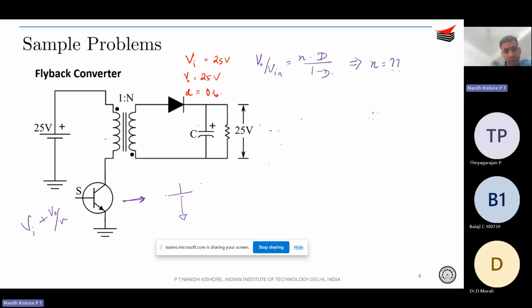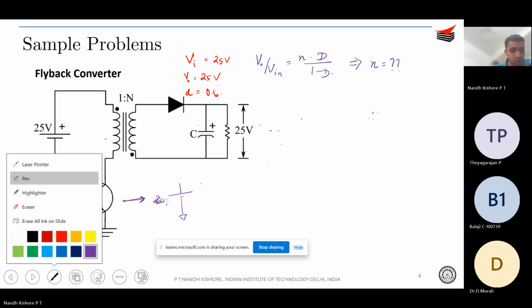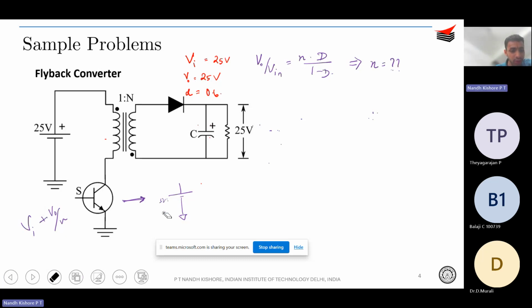So this is your 25 volts input, or let me call it VI for now. So this is 25 volts, and then you have your VP, and then you have your device.